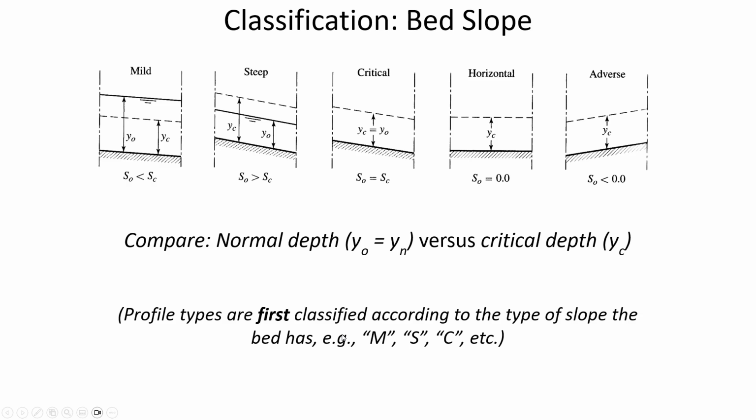And to classify whether it's an M, S, C, H, or A water surface profile, you first just compare the normal depth to the critical depth. So these letters M, C, S, H, and A just refer to what kind of a slope you've got. Like an M1 profile is on a mild slope. That's the first piece of the puzzle, the letter that goes along with the profile.